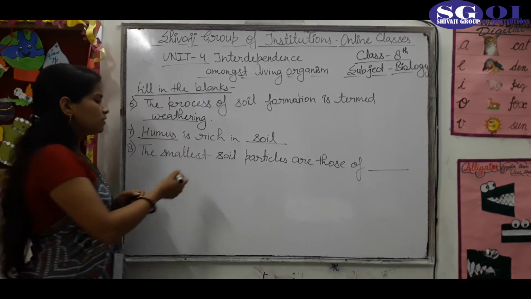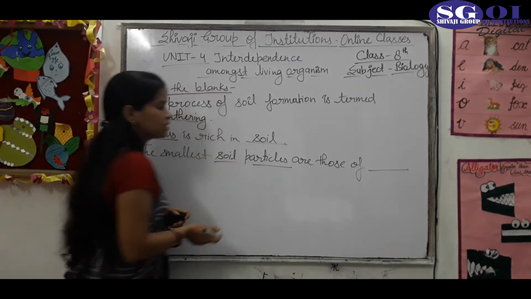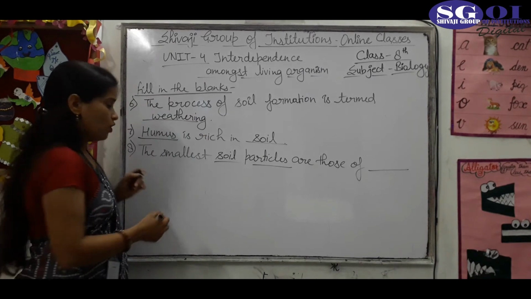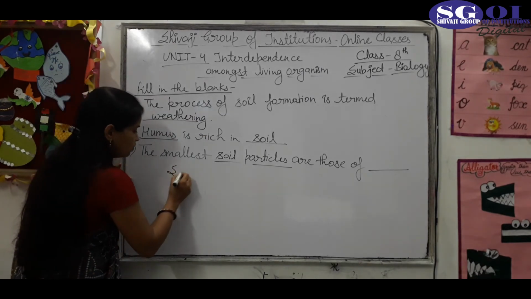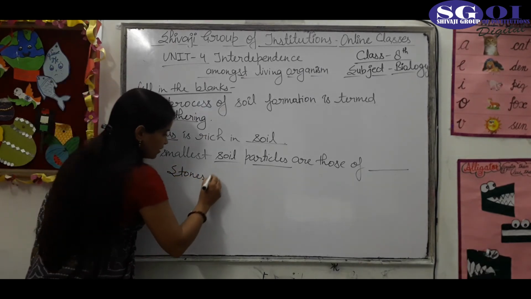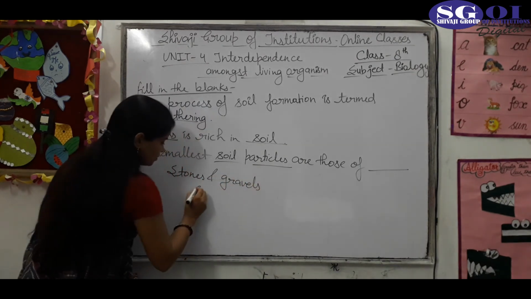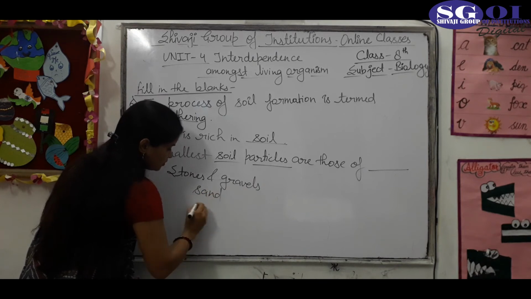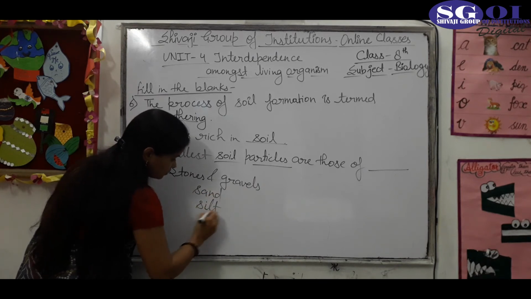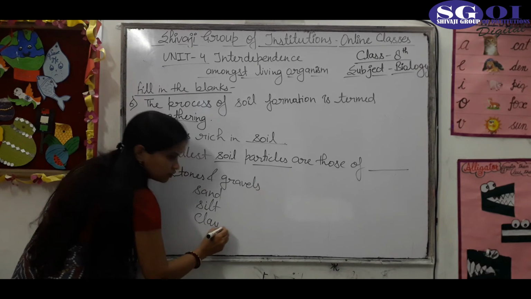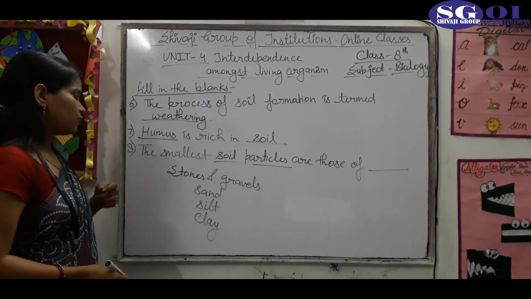Next, the smallest soil particles are those of. Actually, soil particles are of different kinds according to their size. First is stone and gravels, sand, silt and clay. These types of soil particles are found.